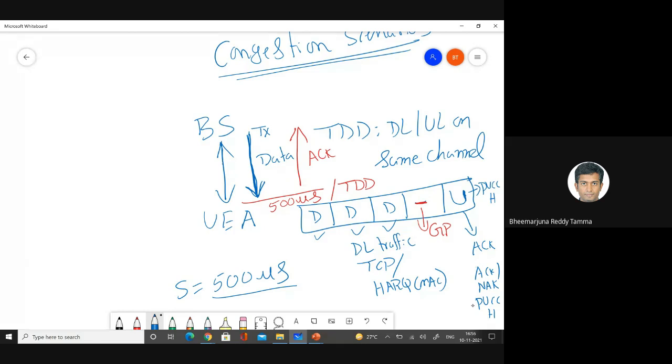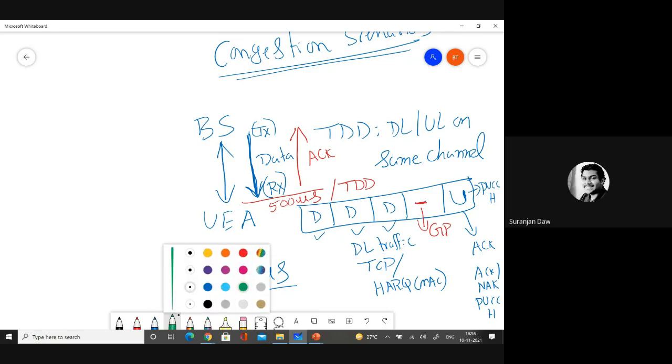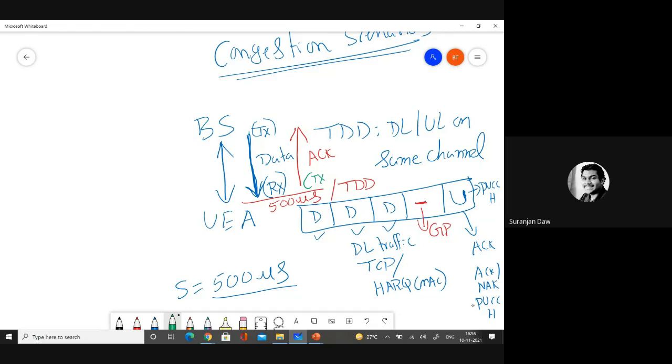Which mode is it in while the data is coming to the user equipment? The handset is in what mode? RX mode. For sending acknowledgement, the handset has to be in TX mode and the base station has to be in RX mode. Right?